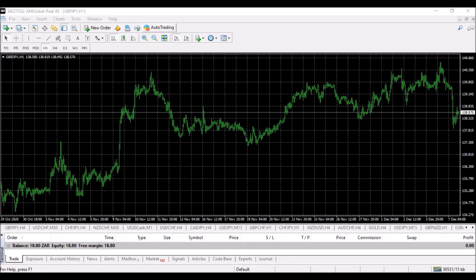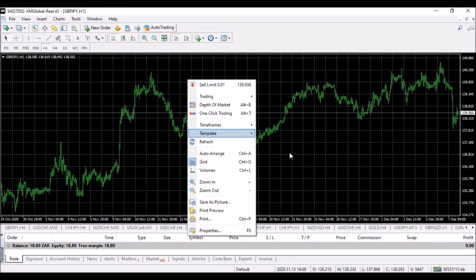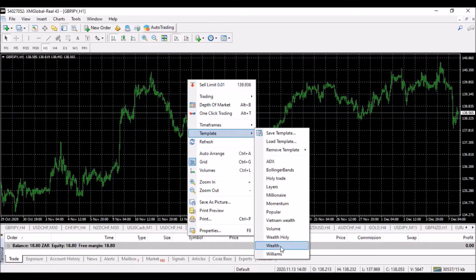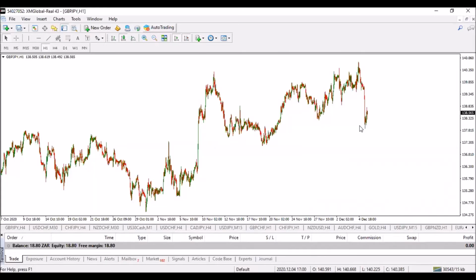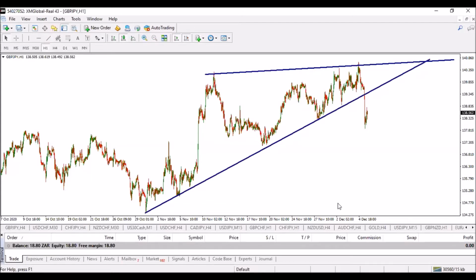Okay, guys, let's look at this week's analysis. Let's start with GBP JPY. So to look at the structure, as you can see, this has already broken the structure.